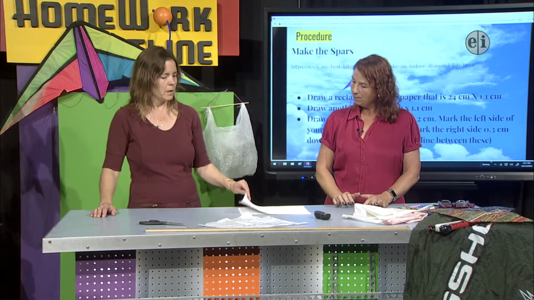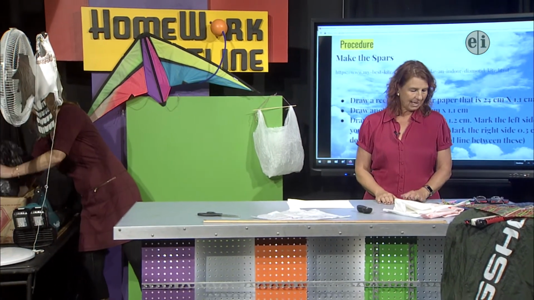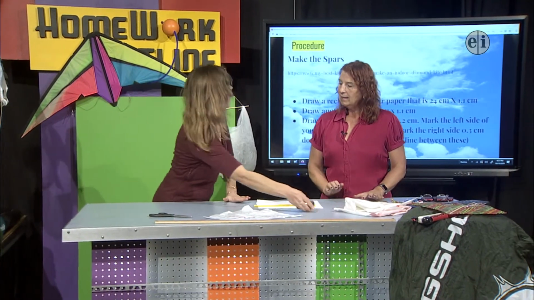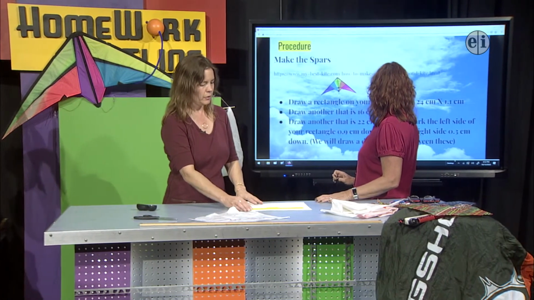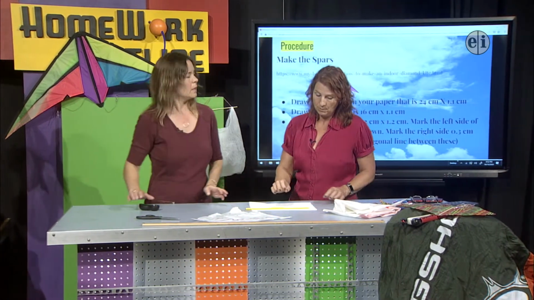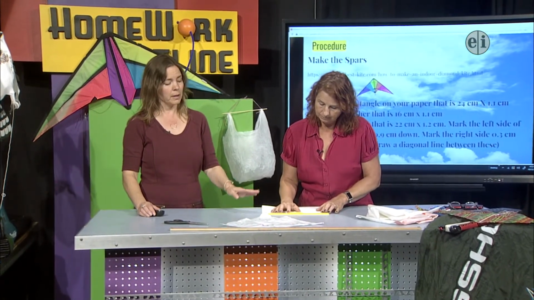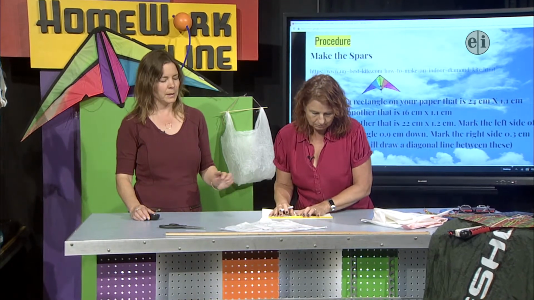Okay, so now what am I going to do? I'm going to hand you maybe a smaller ruler, just so it's more maneuverable. We're going to draw your first rectangle. Do you want me to read them to you? 24 by 1.1. I put all of these in centimeters because I have centimeter rulers, and centimeters are super easy to use. Me too, and I'm a science teacher.